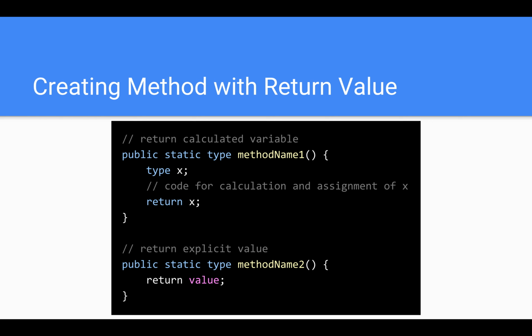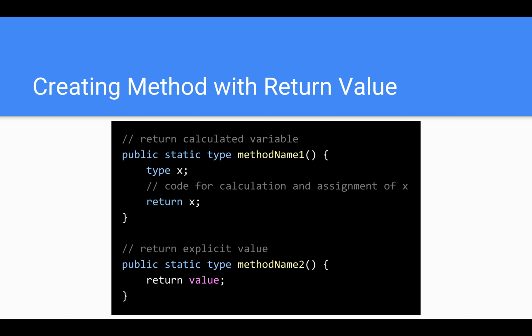Creating a method with a return value. So here we have public static, and normally where we had void before, we have a type. So int, double, boolean, char, and then a method name 1, right? And here we can return a calculated value.